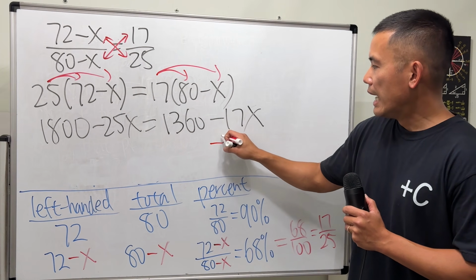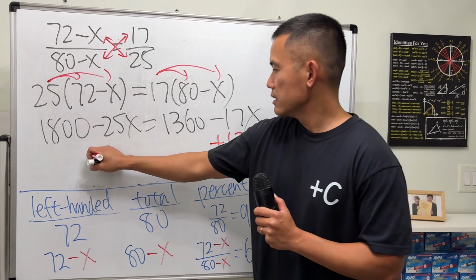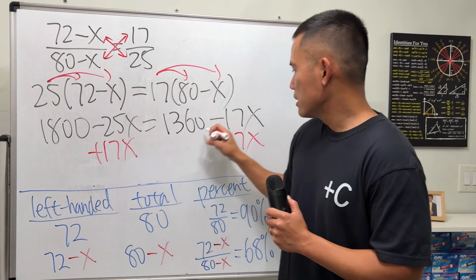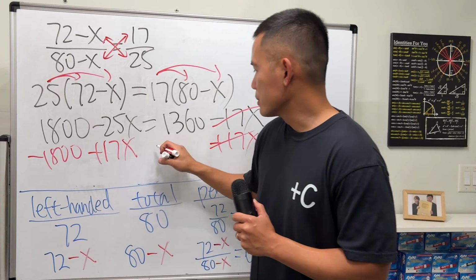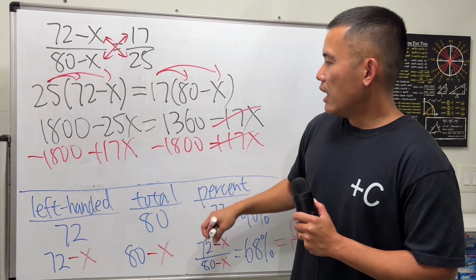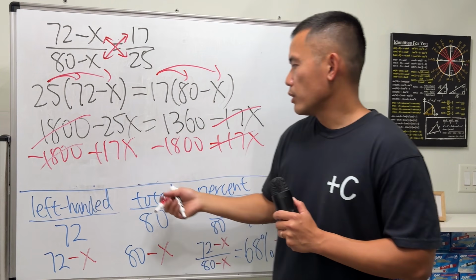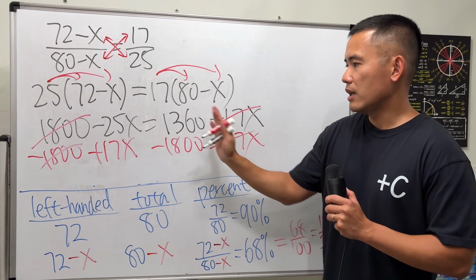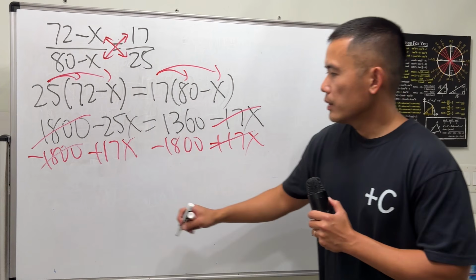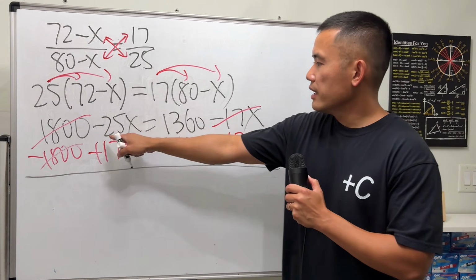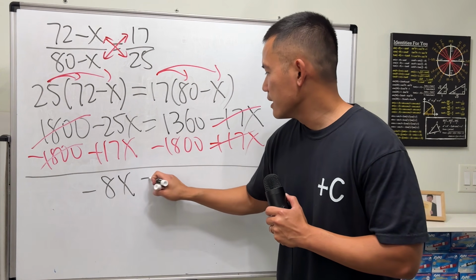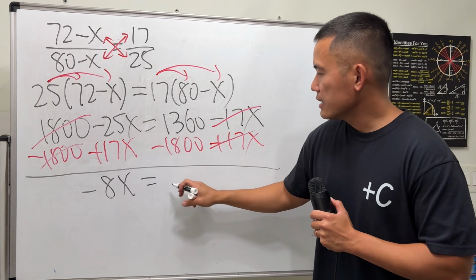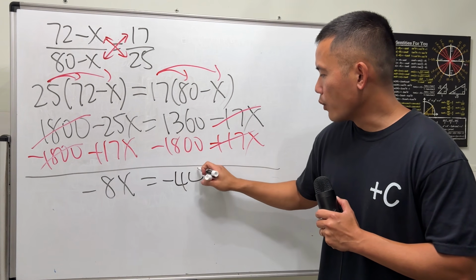So I will add 17x to both sides. And then I will subtract 1800 from both sides. I know it might be easier if you go the other way around, but in my opinion, it doesn't matter. I like to have x on the left hand side. Okay, we'll continue. Negative 25x plus 17x is negative 8x. And then this, subtract that, we get negative 440.